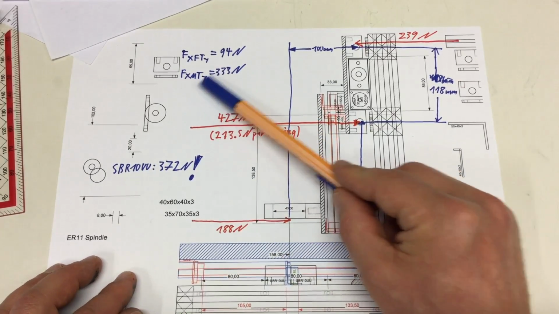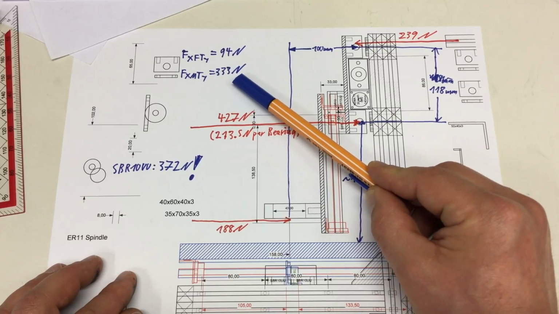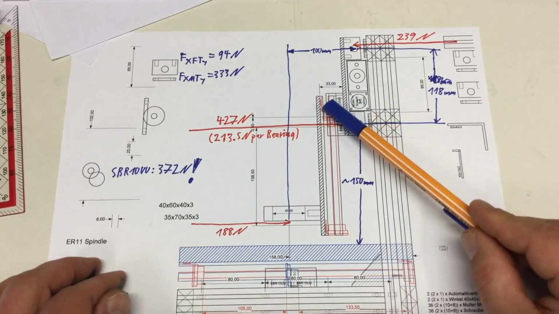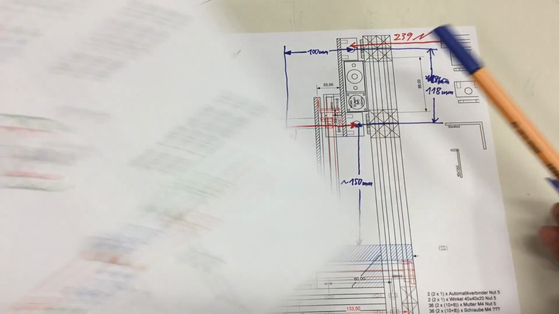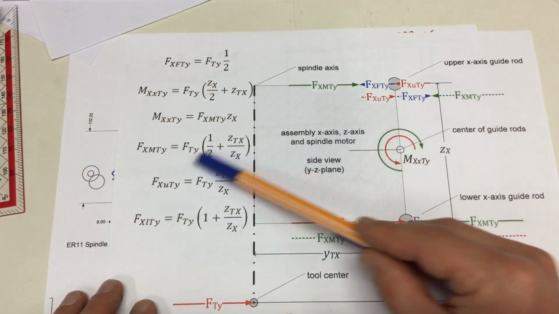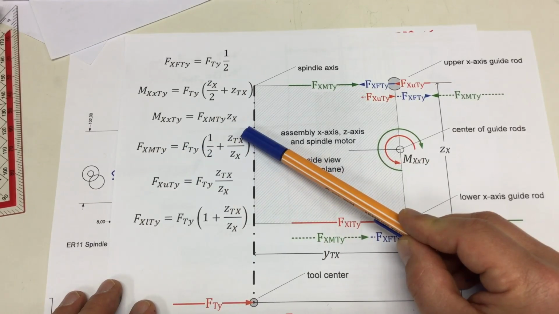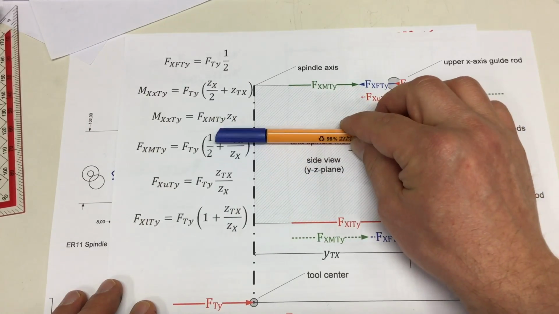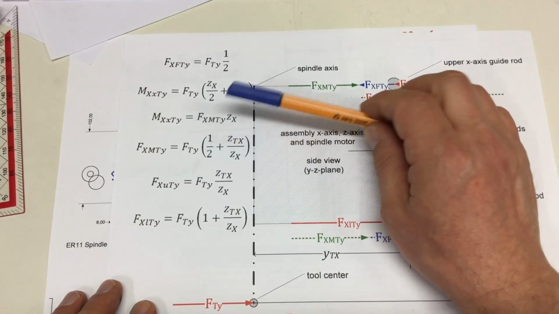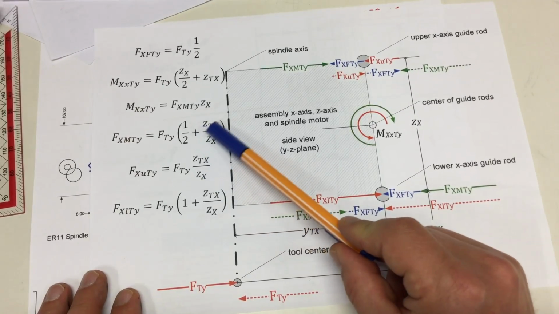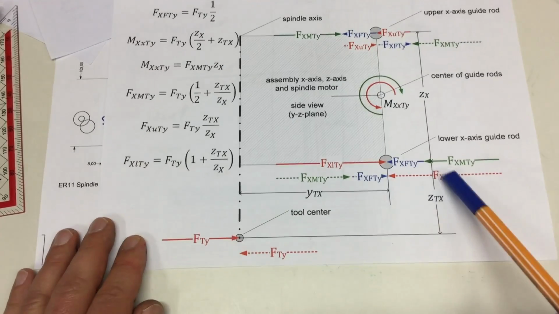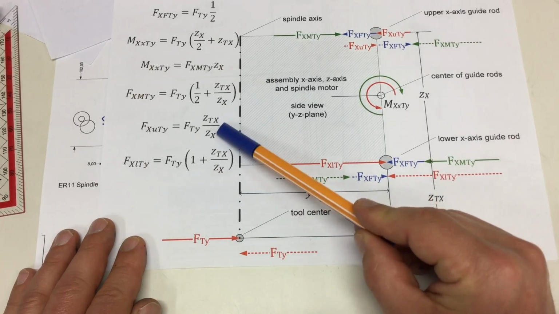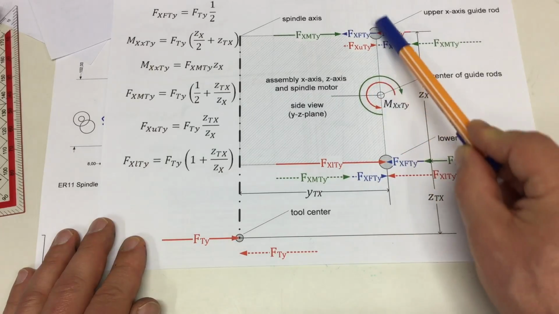And the force to counter the momentum, FXMTY, is 333 newtons. That was that formula. And I mean, it's always at least half of the cutting force, and then it's the distance between our bearing and the tooltip over the distance between our bearings.